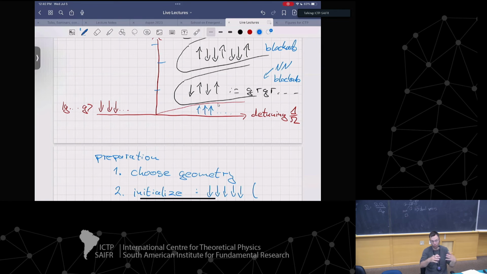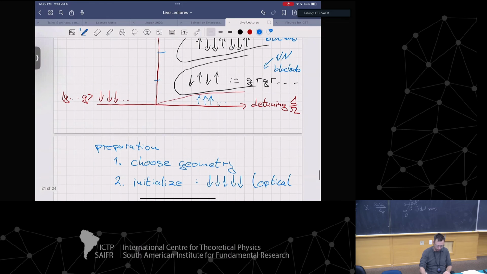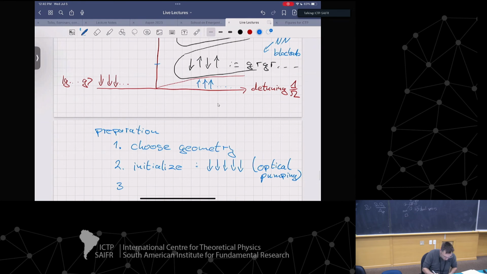The ground state actually has many levels, but using optical pumping, these optical selection rules, I can prepare one of those ground state levels and everything sits down. And then number three, we switch on our Rydberg laser.